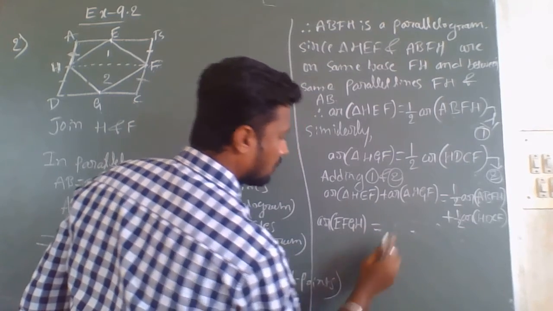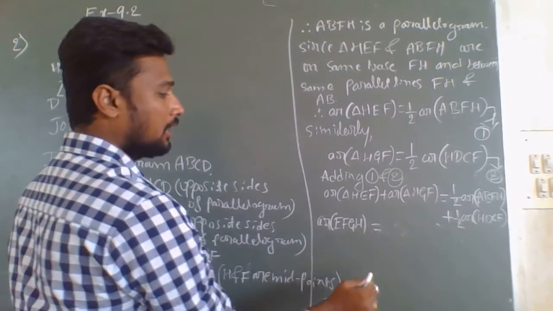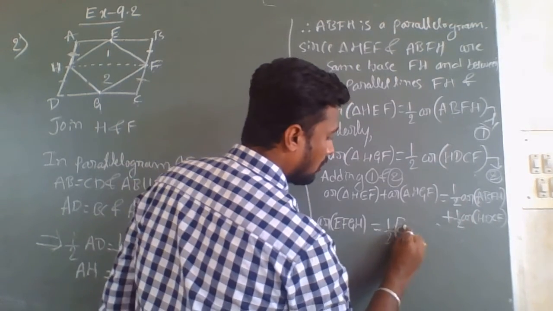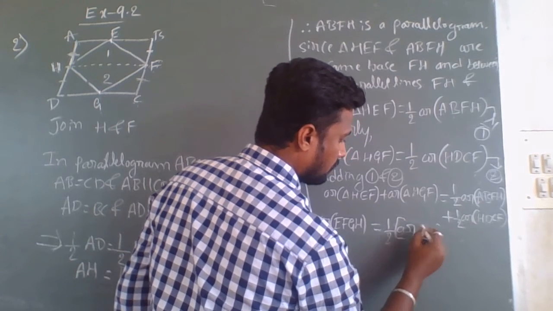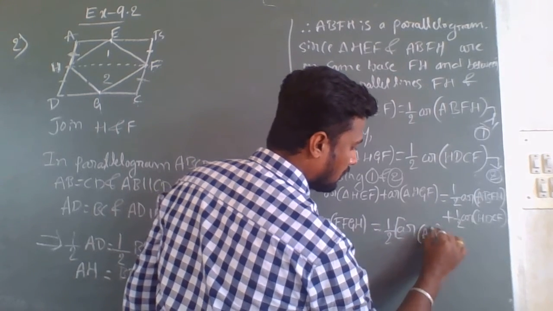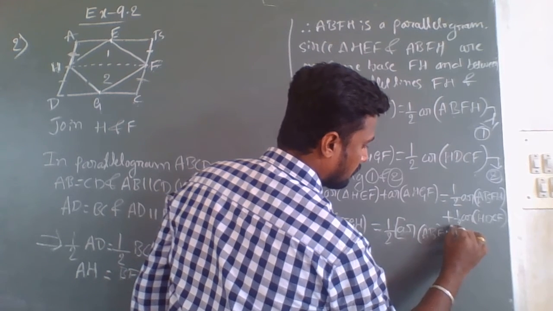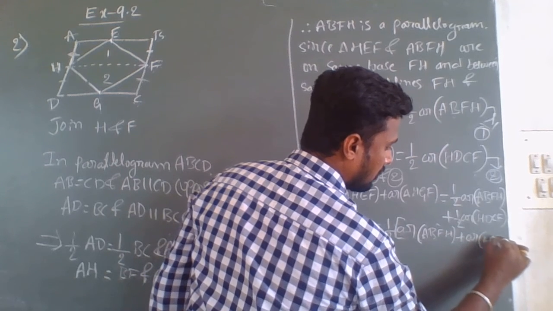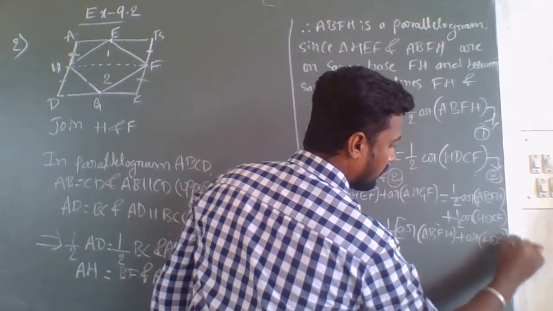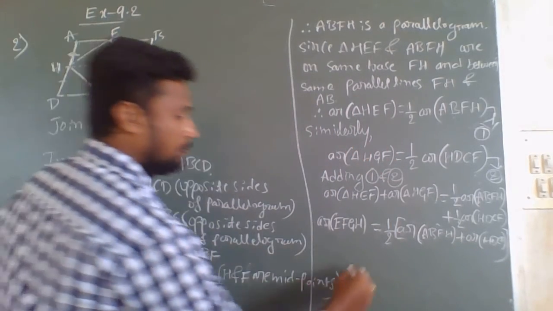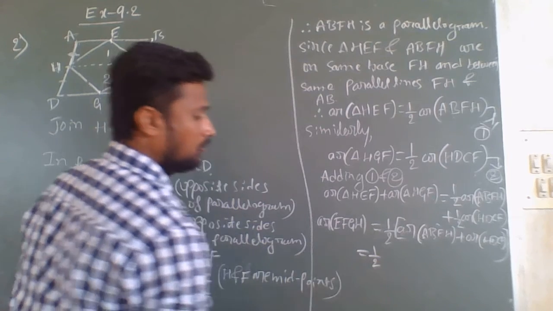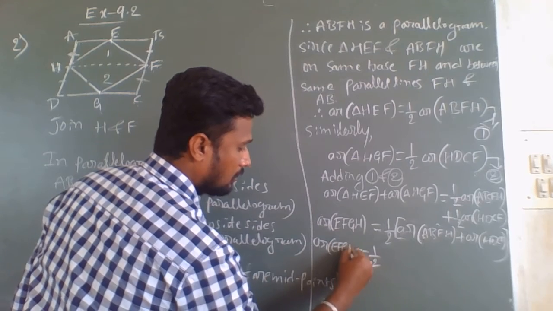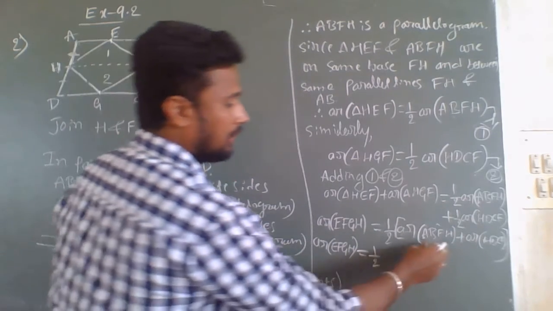So here I will write at the left hand side, area of EFGH equals to. Now at the right hand side, I will take 1 by 2 as common into the bracket: area of ABFH plus area of HDCF. So area of EFGH equals 1 by 2 of ABFH.